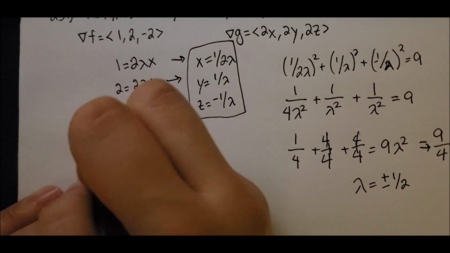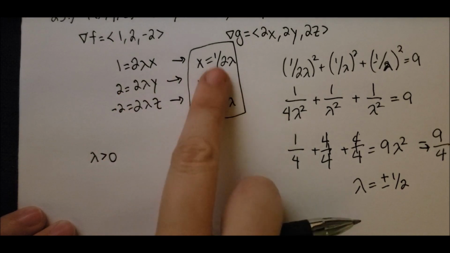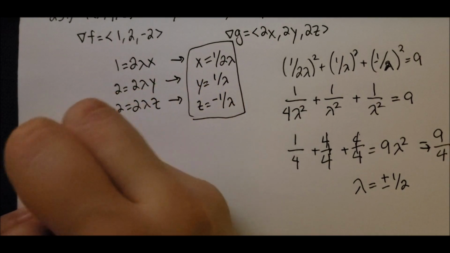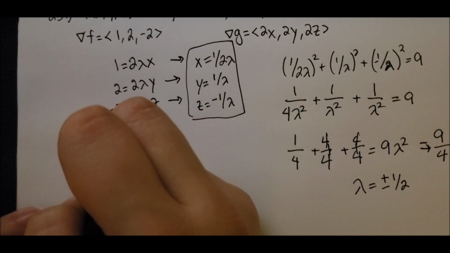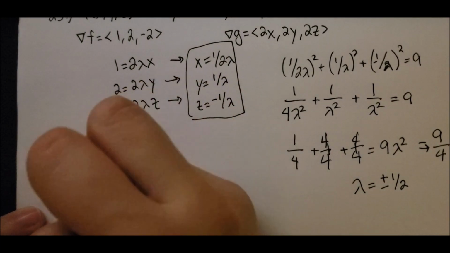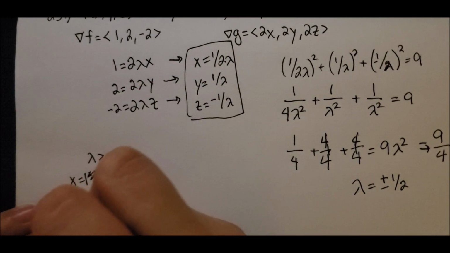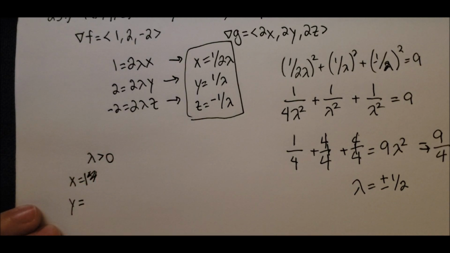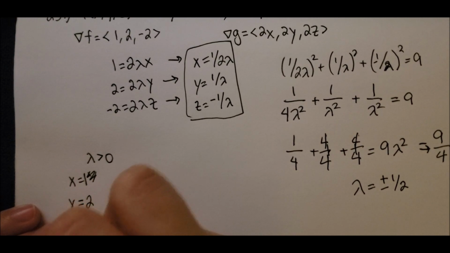So if lambda is positive, x is 1. No, I'm sorry, lambda x would be 1. y would be 2. z would be negative 2.